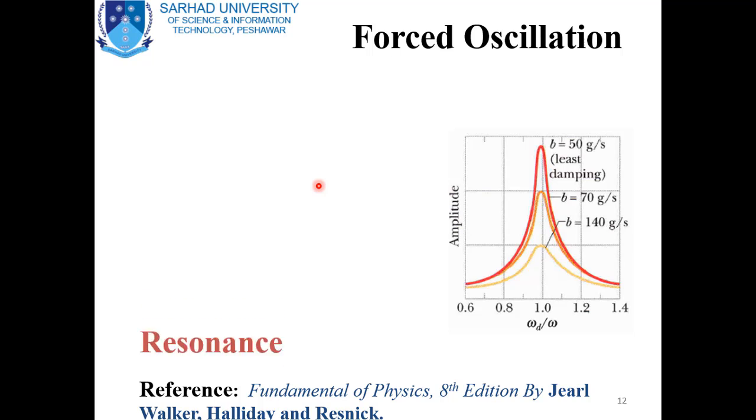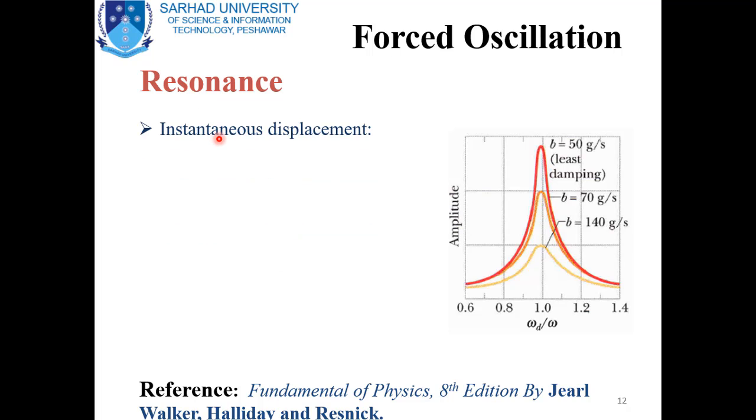In forced oscillation, the resonance phenomenon may occur, but first we write the expression for instantaneous displacement for the forced oscillator. x of t, which represents the instantaneous displacement, is equal to xm cos of omega d t plus phi, where xm is the maximum amplitude and omega d represents the angular frequency of the forced oscillation system.